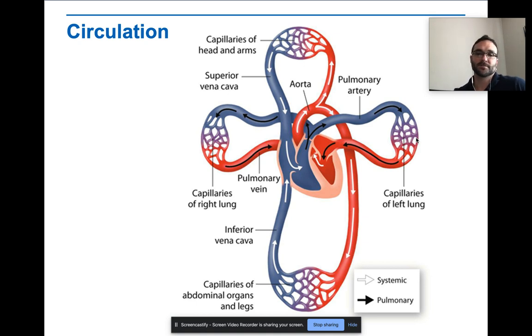After the blood gets oxygenated by the lungs, it's going to come back at one entrance point. Okay, so this is going to be your left atrium, even though it's on the right hand side. Imagine the person's facing you. So this is going to be the left atrium, and then it's going to come down to the left ventricle.